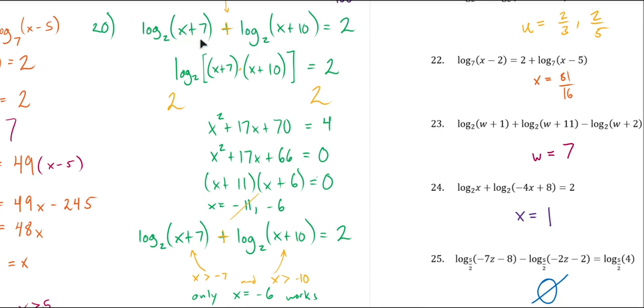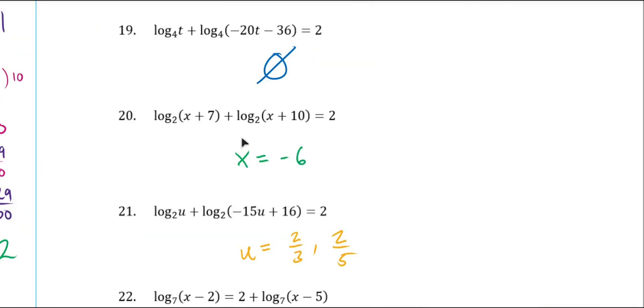Plugging in negative 11 here would give me negative 4, and that's not a valid argument of the logarithm. Or rather, I should say, it's something that's going to give us many complex values back, and we're really not at the right stage for dealing with that kind of thing. So we're going to have to throw out these answers. Long story short, you really just want to make sure you throw out that minus 11 and only keep the minus 6 as a valid solution.